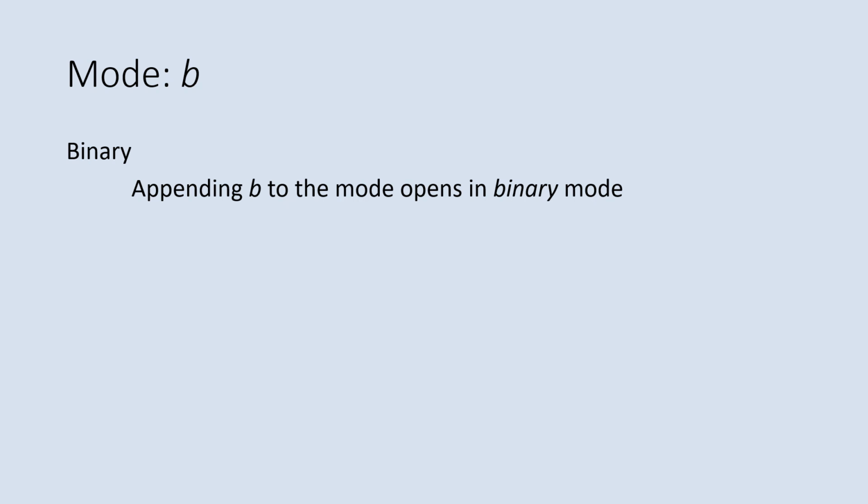If we open a binary file, we can use mode B, and you append B to the mode for binary mode. So the data would be read and written as bytes objects. And this would be necessary if you were, say, editing a PDF or editing an image or a video.